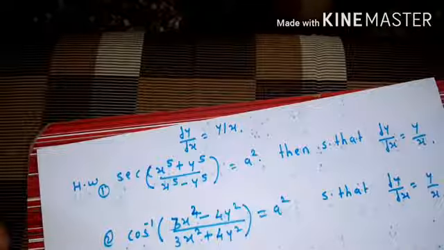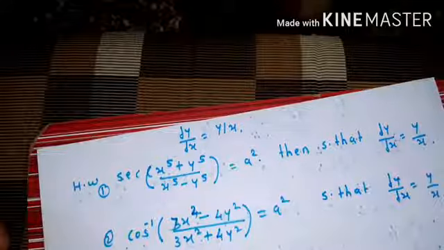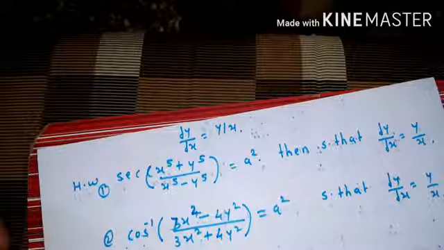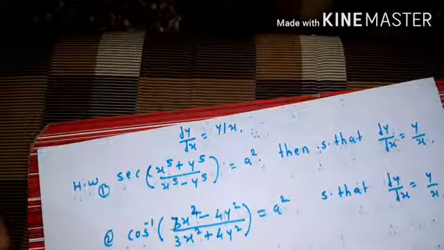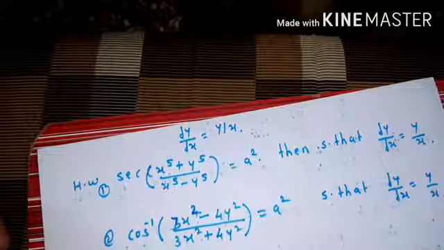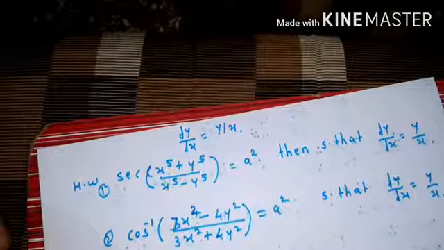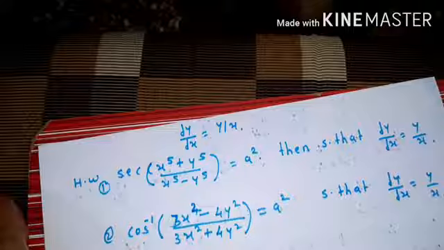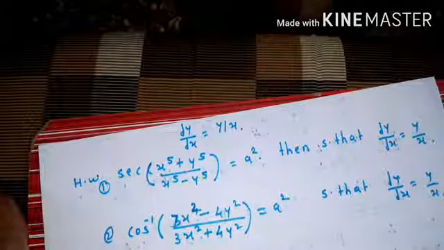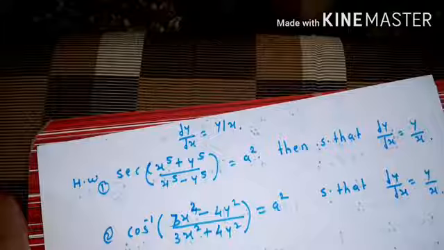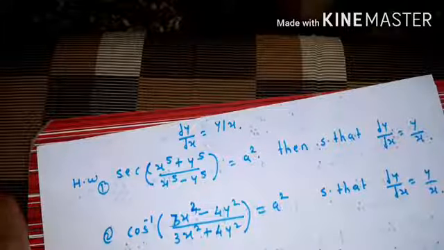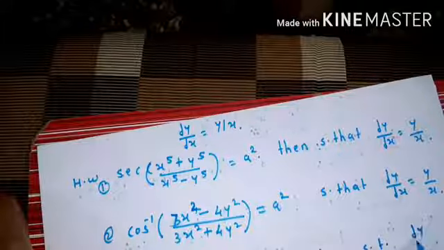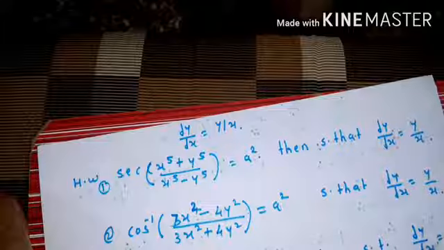Again, if cos inverse of (7x⁴ + 5y⁴) upon (7x⁴ − 5y⁴) equal to tan inverse of A, then show that dy by dx equal to y upon x.